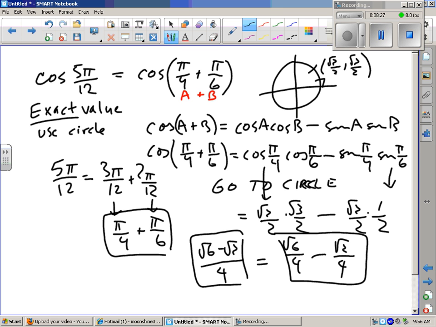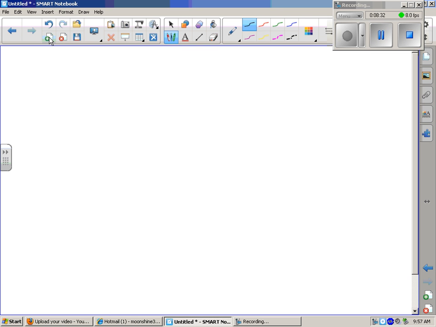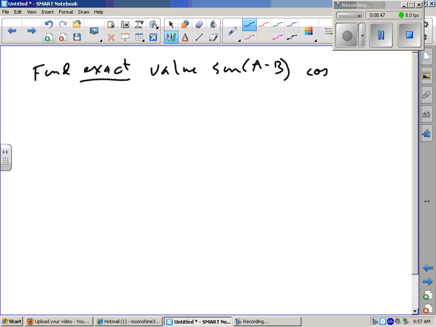All right, let's try a different version. Same kind of information needed, but a little bit different. I want to find the exact value, remember, put your calculator down, for sine of A minus B and cosine of A minus B. And we're given that the tangent of A is 3/4.